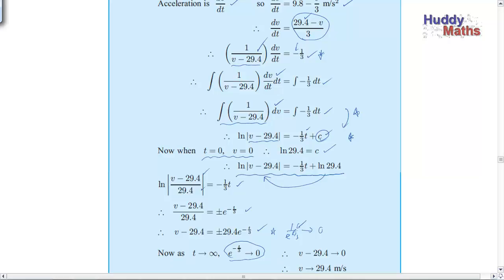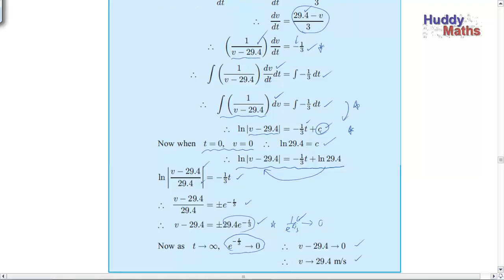So this side is tending to naught, and v take 29.4 tending to naught, v would be tending to 29.4 metres per second. So you really do have to stick to your guns with more difficult numbers here, and be confident that you're doing the right steps. Okay, so you'll have to concentrate on these coming problems here.